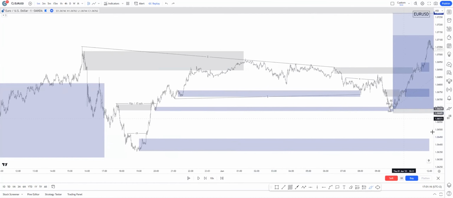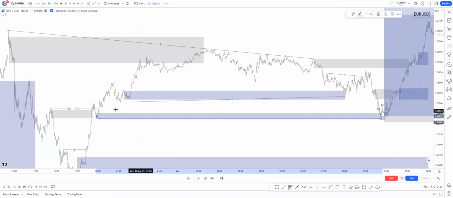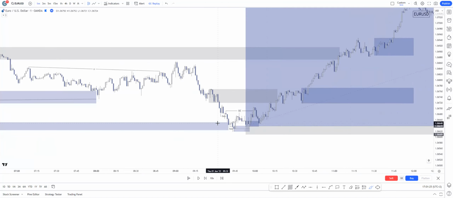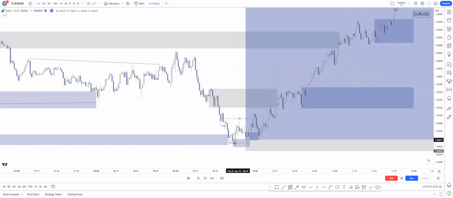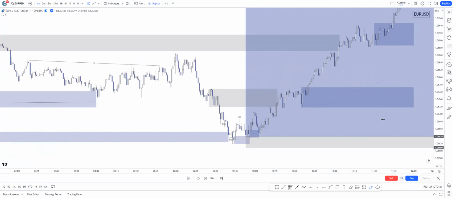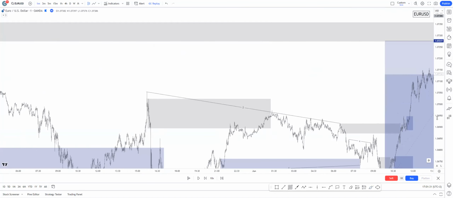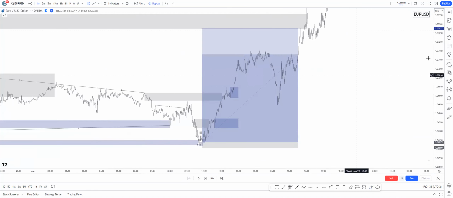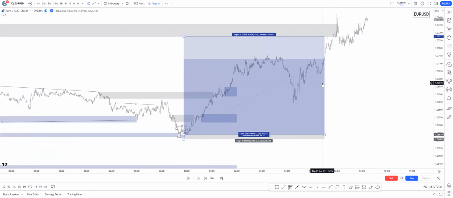But as you can see, price has just mitigated a pretty valid 5-minute flip zone in this case. And this flip zone mitigation has started a really nice bullish order flow, bullish movement, sweep of this liquidity out, and it would be a banger at the end of the day.